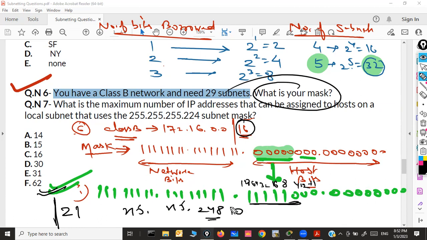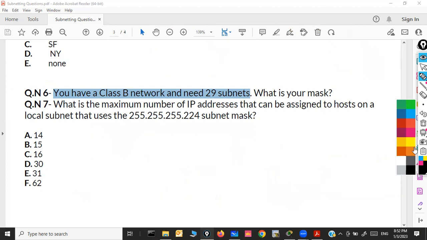Either way, do the computation either way, or just the way I demonstrated that day: cancel all the values above zeros and add the values above ones. That's another way. But yes, the answer is correct: 255.255.248.0, and in CIDR notation, 21 will be the mask here. Got it? Let me go to the next question.